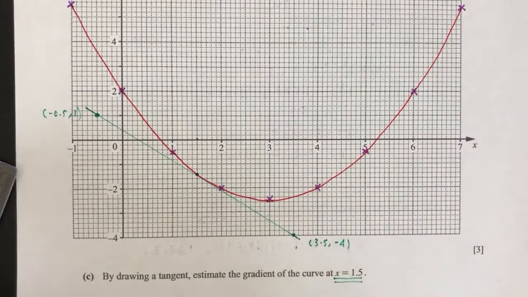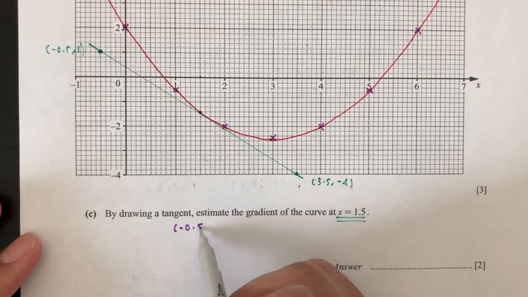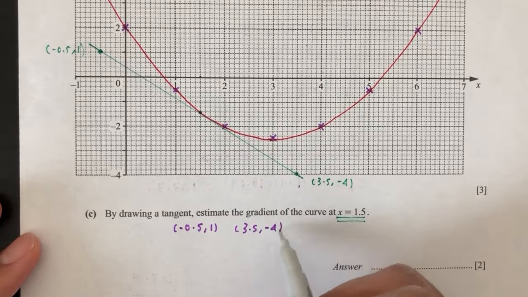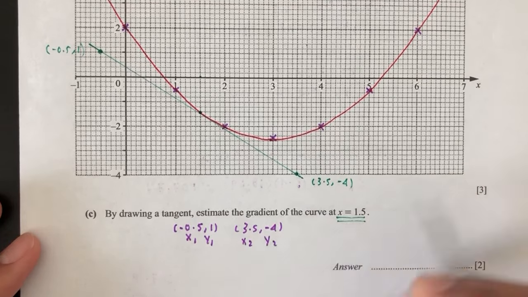Okay, so let's find the gradient for this line. So the first point is minus 0.5, 1, and this is 3.5, minus 4. That is x1, y1, x2, y2.